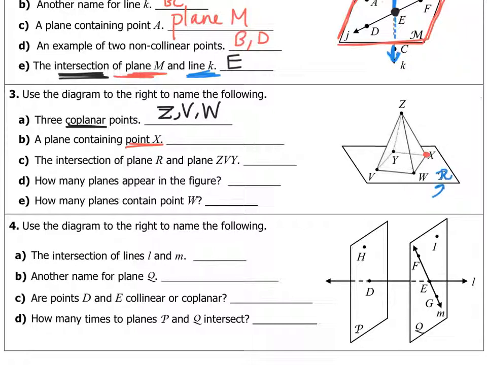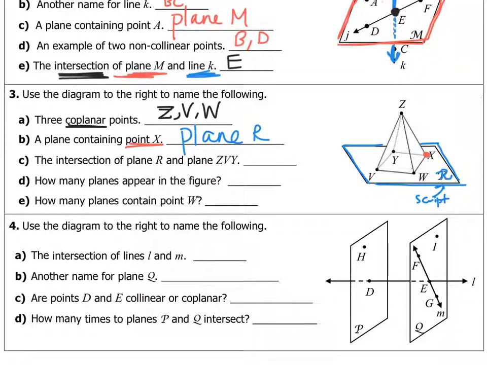So that's the script, or cursive looking. That describes this plane here. So that's plane R. So we could say plane R contains point X.